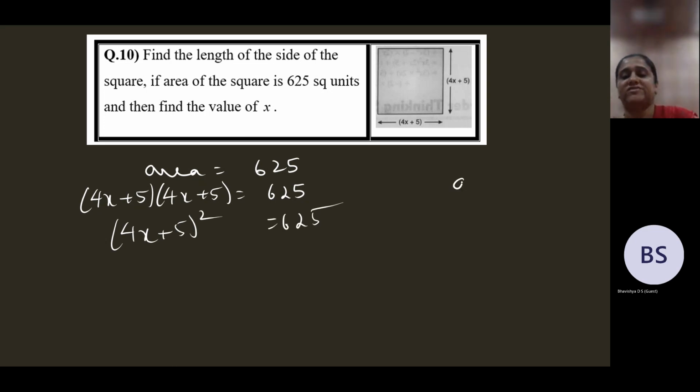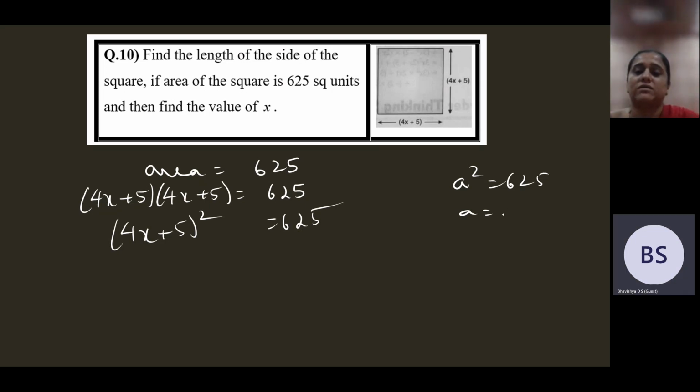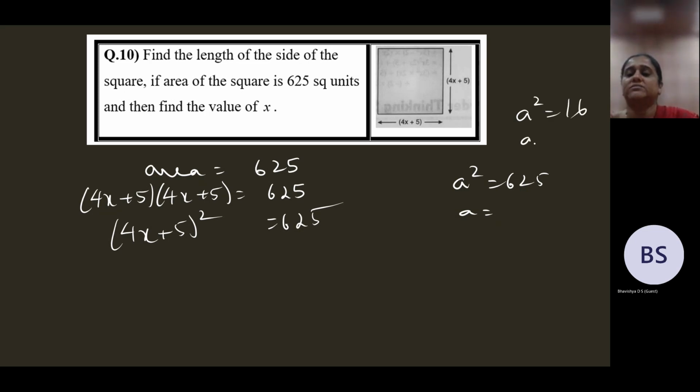Now, supposing a square is 625, how will you find a? Ma'am, what is a? Okay, supposing a square is 16, what is a? 25, ma'am. Okay, this one is 25, but what is the step? So if a square is 625, what is a?